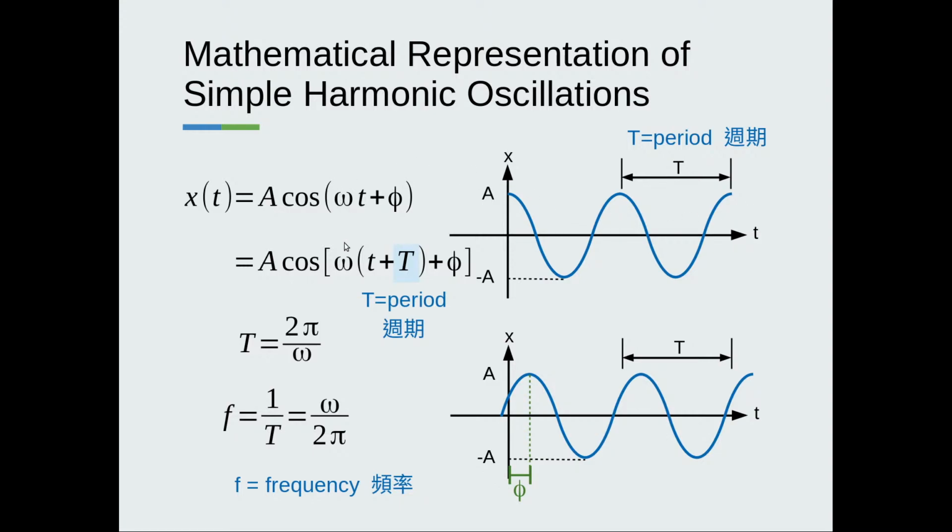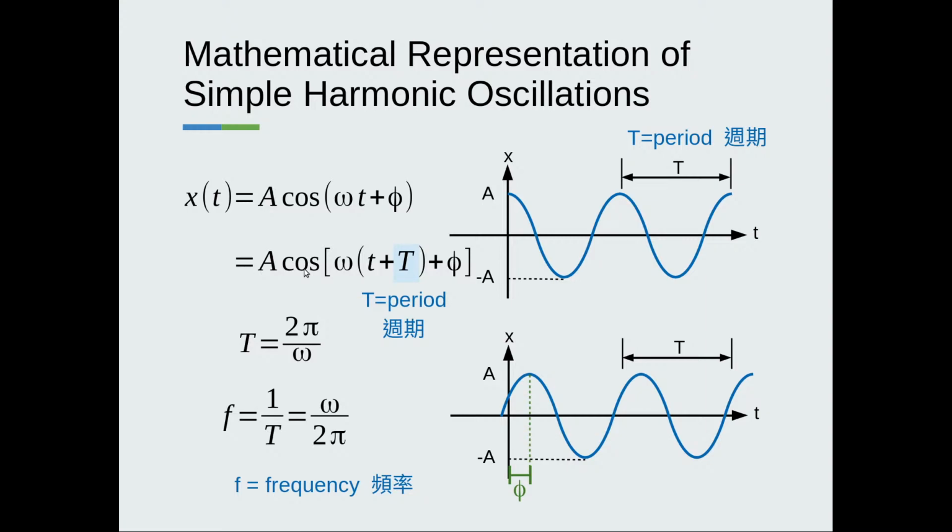So when you're writing the equation, if you add a T into the bracket here, where this is the angular frequency and this is the time, the parameter which is running, the shape of the curve is exactly the same. So this is how you do it mathematically.